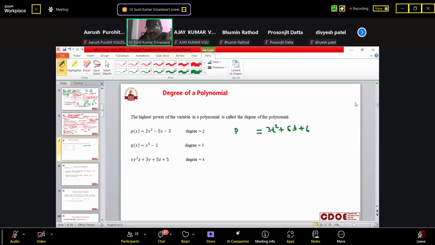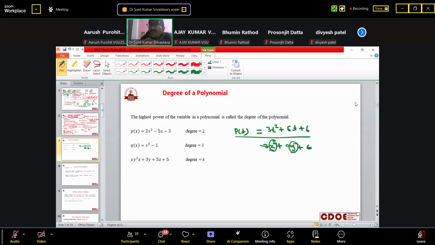So we denote it like that, P of t. Then another expression, plus 9y plus 6. This is a polynomial expression in variables x and y, not only in x, not only in y. So this is a polynomial expression of two variables, and the earlier one is a polynomial expression of one variable.